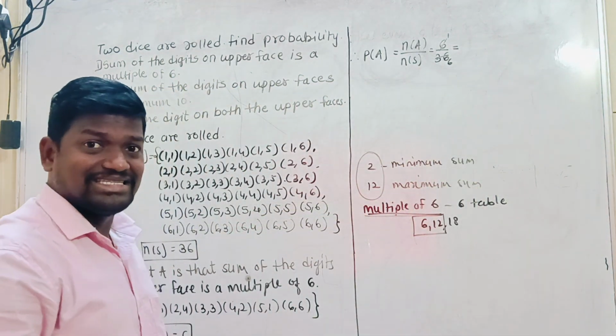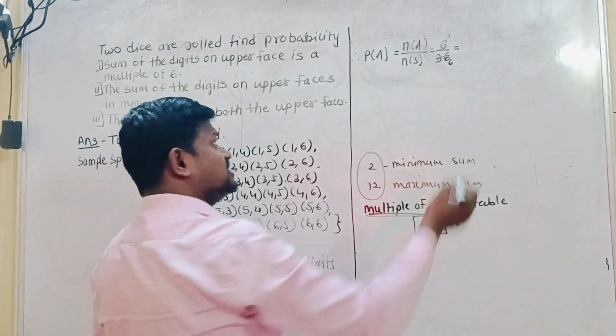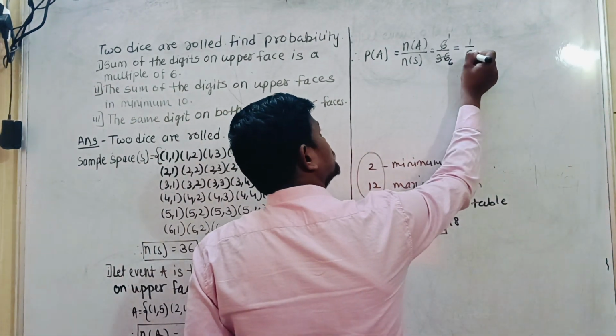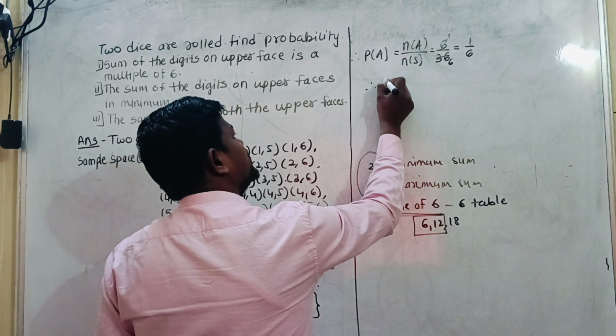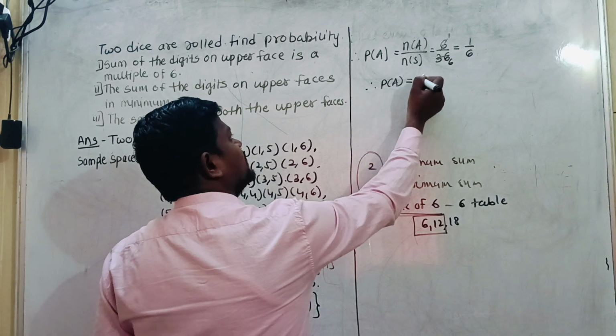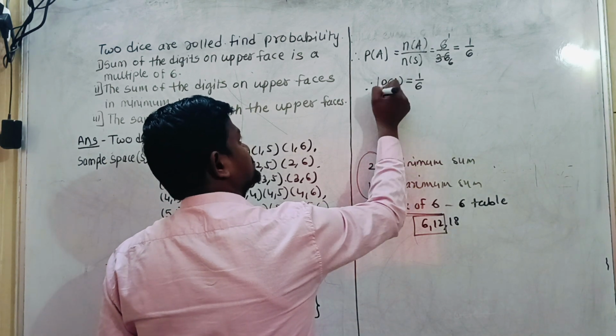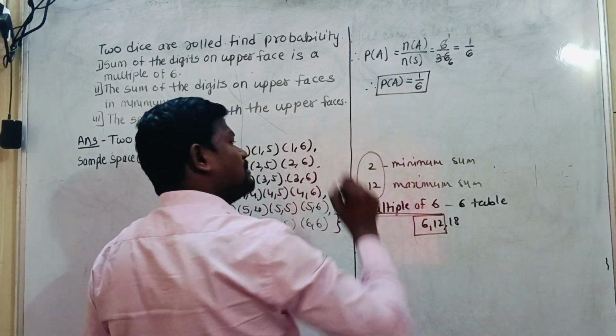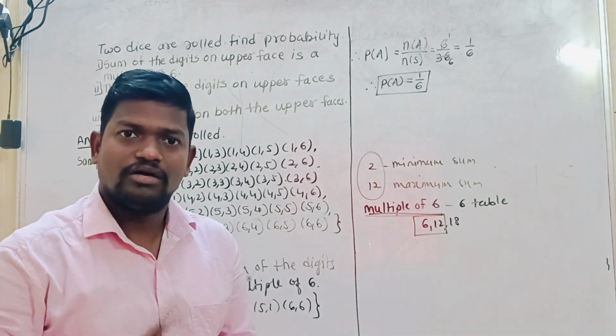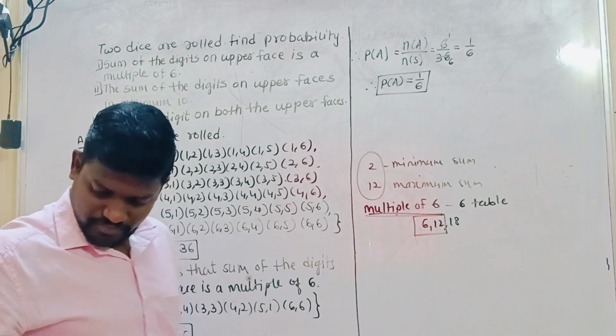So 6 ones are 6, 6 sixes are 36. So our answer is 1 upon 6. So write down probability of event A is 1 upon 6.